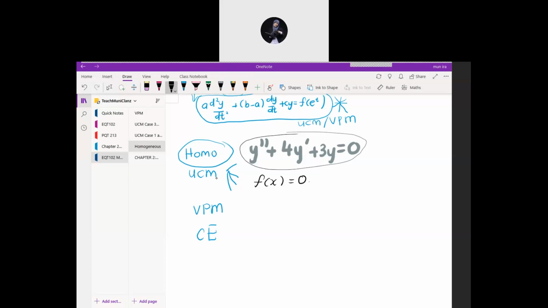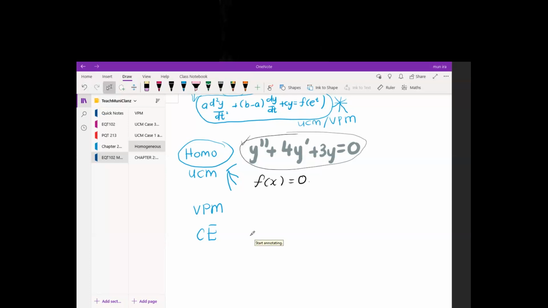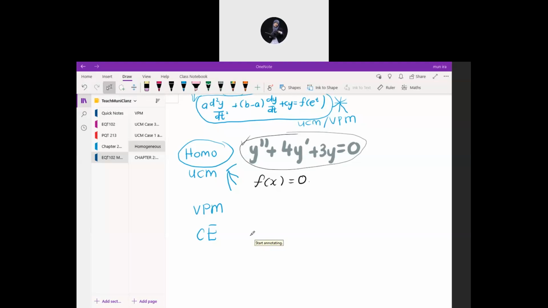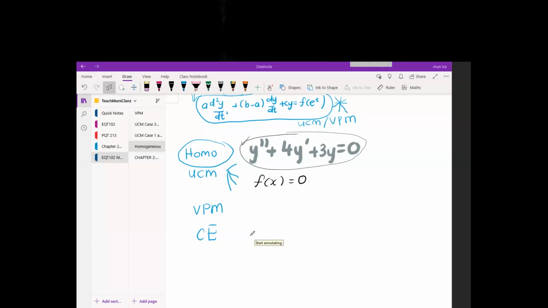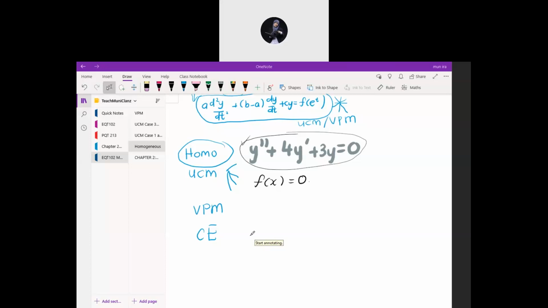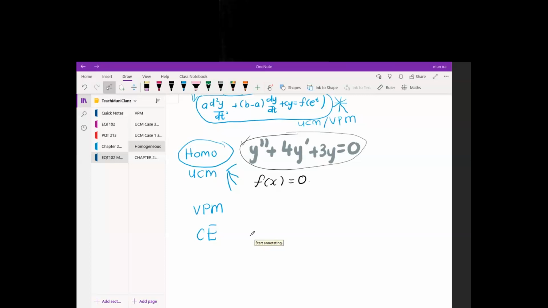Given that y double prime plus 4y prime plus 3y equals 0. Okay. And then my question is, why is this one a homogeneous equation? So I give you the list, the options of the solution. So you must choose one of the possible answers, which is f(x).